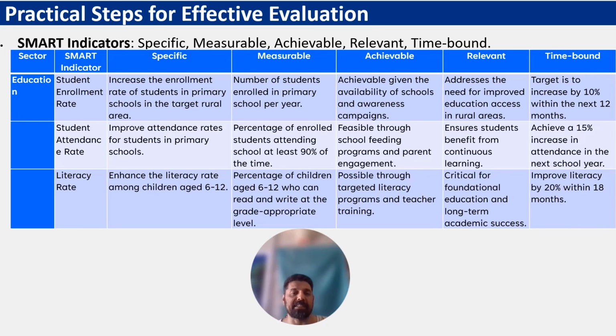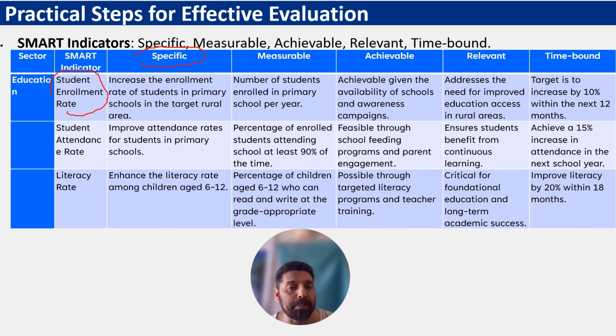Let me give you an example. Here you can see, in the education sector, a SMART indicator, for example student enrollment rate. How should that be specific? Increase the enrollment rate of students in primary schools in the target rural area. It is specific: target rural area, primary schools.